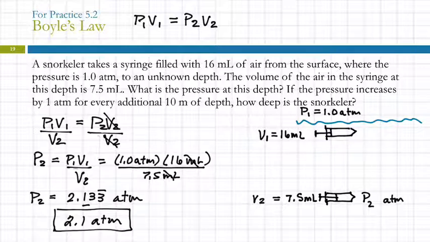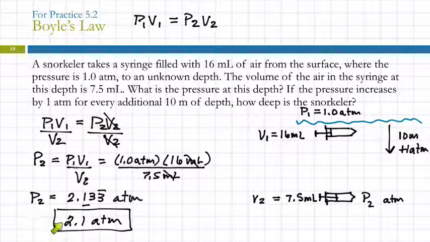Now the next question in here is a little trickier. It requires a little bit of critical thinking and problem solving. If the pressure increases by 1 atmosphere for every additional 10 meters of depth, how deep is the snorkeler? So what this is saying is I go down 10 meters, I add 1 atmosphere. If I go down another 10 meters, I add another atmosphere.